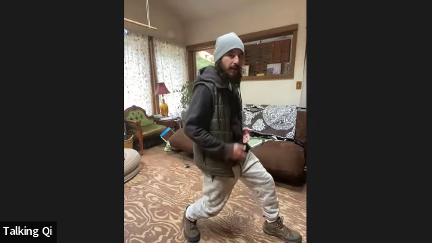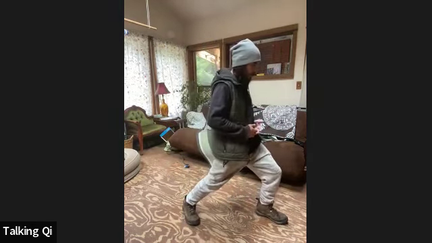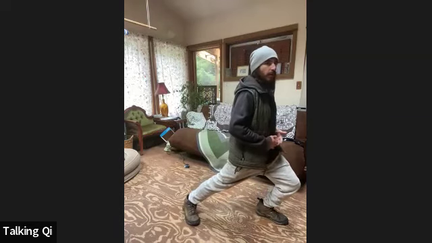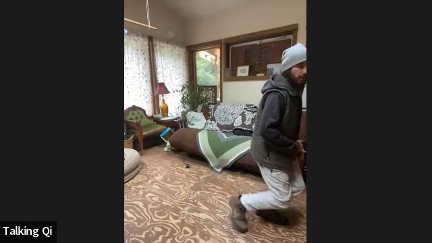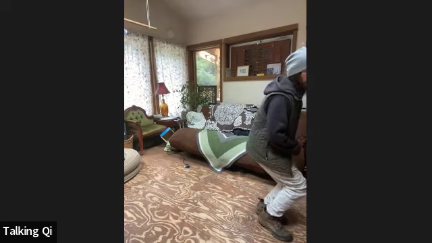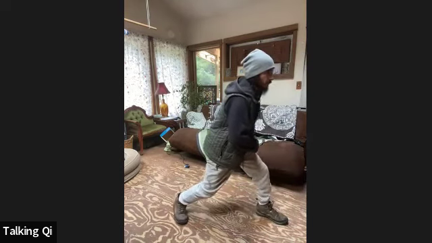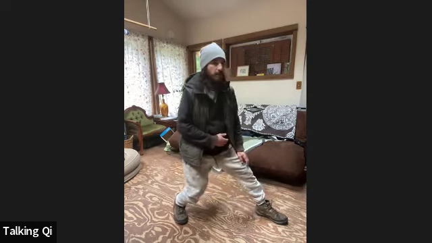So bringing the back leg in, Dantian forward, bring the back leg in, and maybe even back.